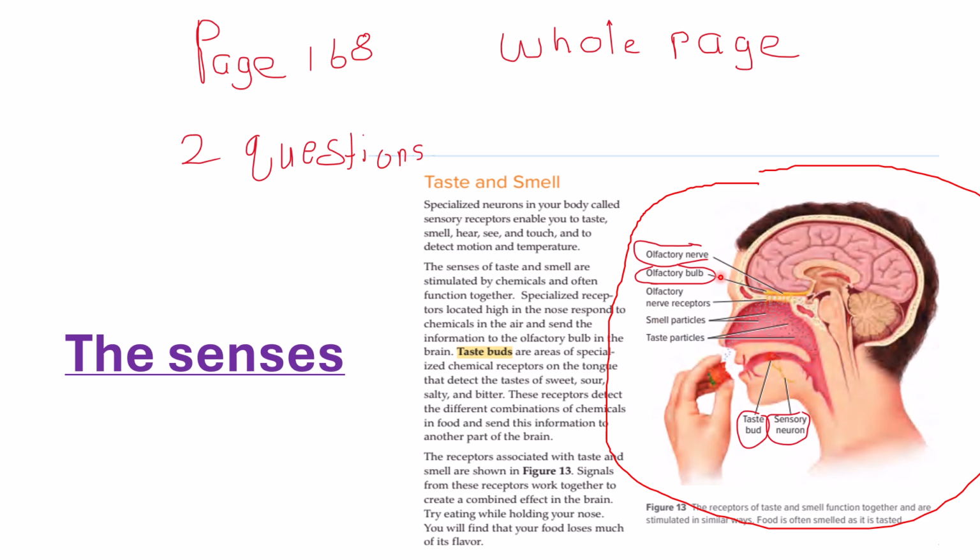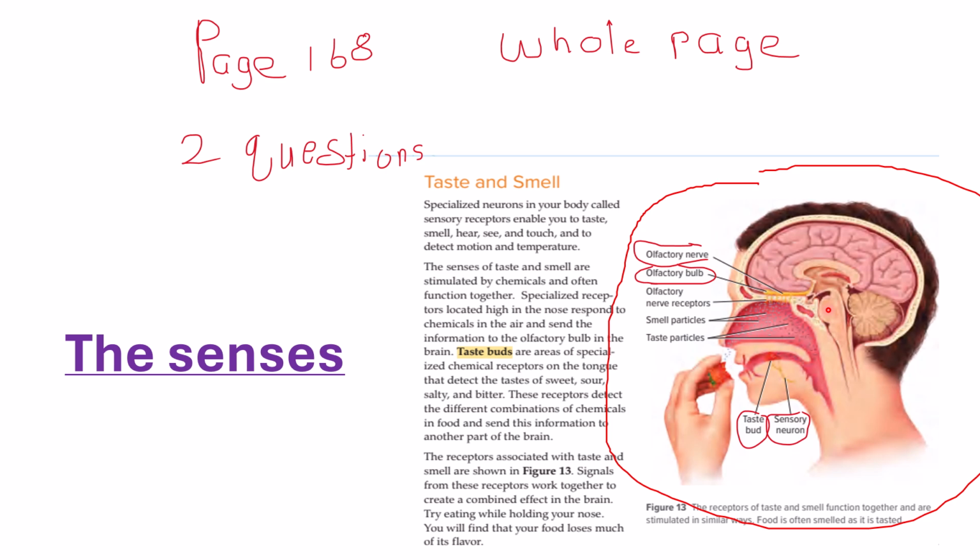So here olfactory nerve receptor is the keyword for smell. When the chemical signals come, the olfactory receptors receive the signal and transfer it to the olfactory bulb, where you can see the olfactory nerve is present. Why is the olfactory nerve there?